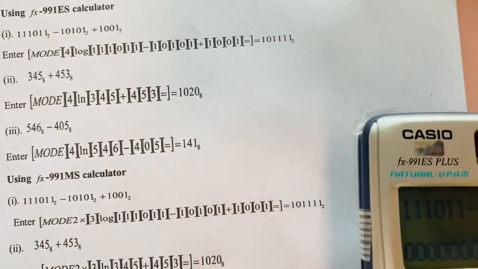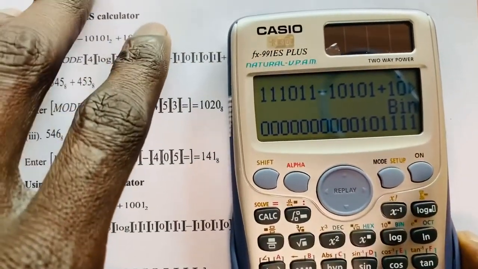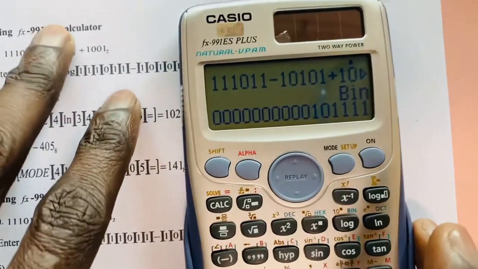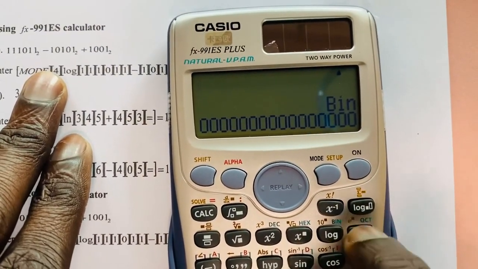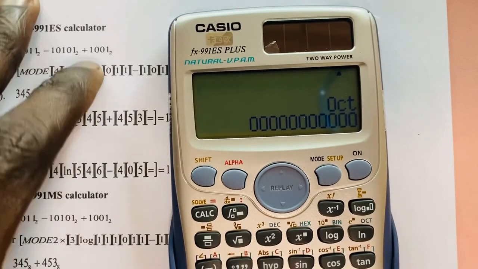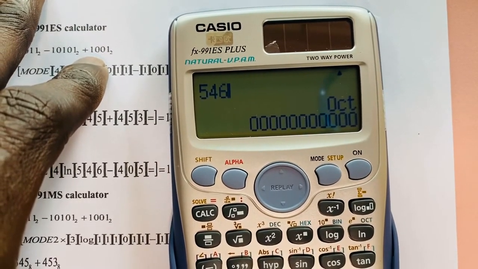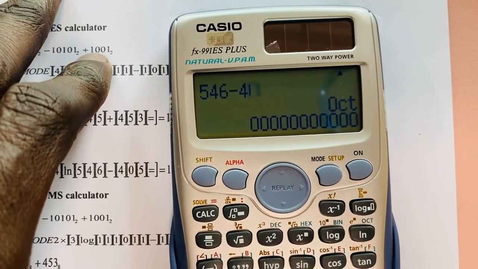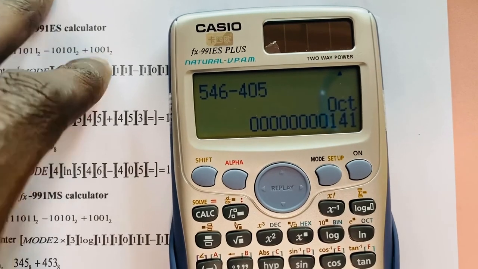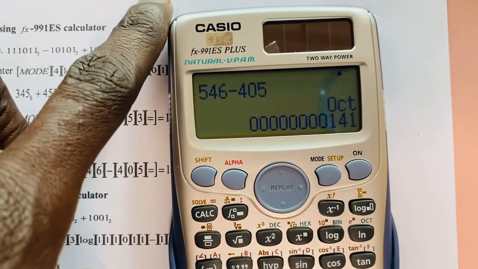So we have that one done quickly, and we can do the rest. This is base 8, so you need to change to base 8. We go to octal base 8, then enter 546 minus 405. Press equal and get the answer as 141 base 8.